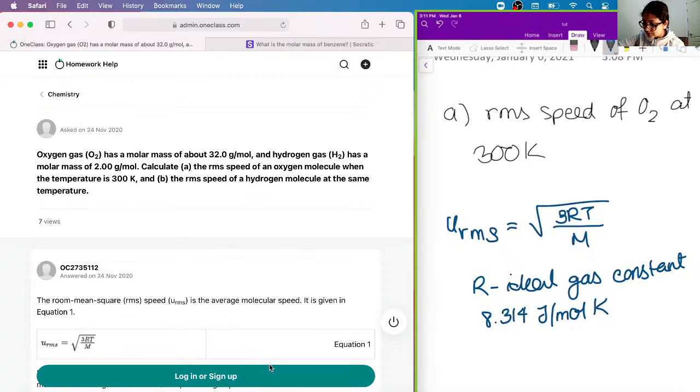And T is temperature, and this is in kelvins.